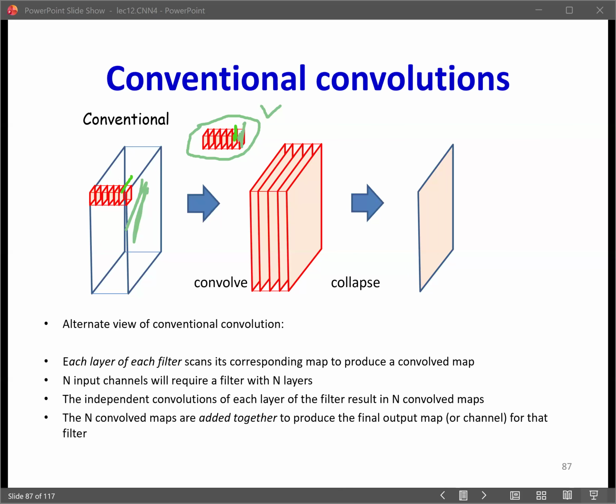The third channel of the filter convolves the third channel of the input, and so on, right? And so the output of this is going to be one channel, each of which is being obtained by convolving one of the channels of the filter with the corresponding input channel. Then all of these are just summed up to get the final output. This is the actual operation we're performing, right? Yes or no? Right. Makes sense to everybody?